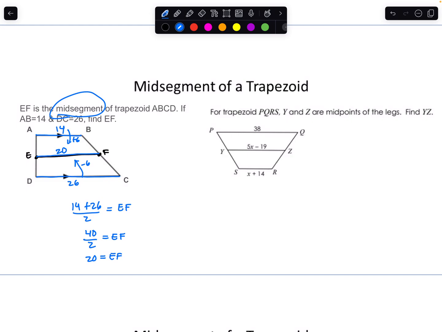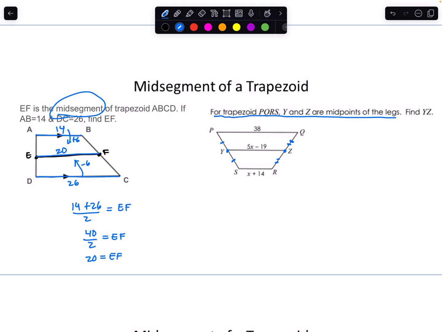In this other scenario, we have another trapezoid where Y and Z are the midpoints of the legs. If those are the midpoints, then I know that this distance is equal to this distance, and Z is the midpoint of the other leg, so those two are congruent. All this says is that YZ is the mid-segment, or the median, of the trapezoid.